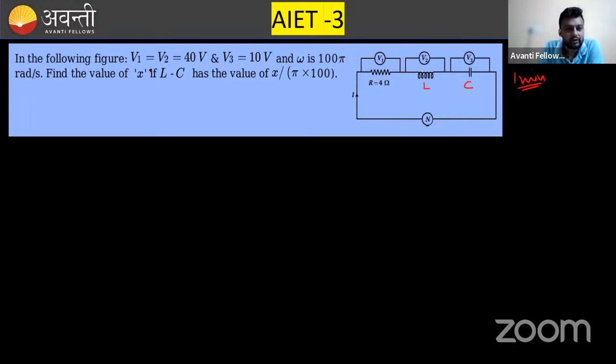The values are V1 and V2 equal to 40 volt, V3 equal to 10 volt, and the frequency of the source is given as 100 pi. Find the value of L minus C. So you need to calculate the values of L and C to complete the question. You have 1 minute of time. You can take your time.